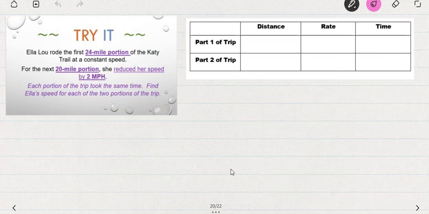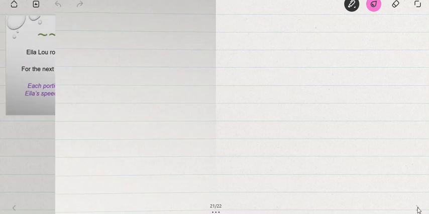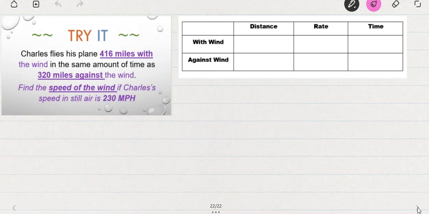Next, we would devise a plan, and after we devise a plan, we would go ahead and solve our problem or work out our plan, and then check the answer. But in this first part, understanding the problem, I'm going to use this handy distance equals rate times time chart.